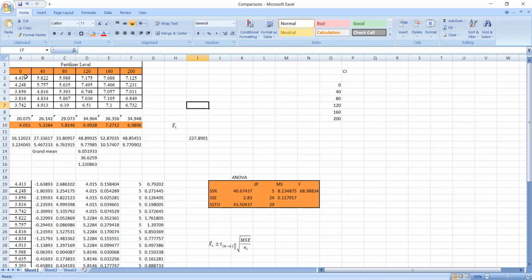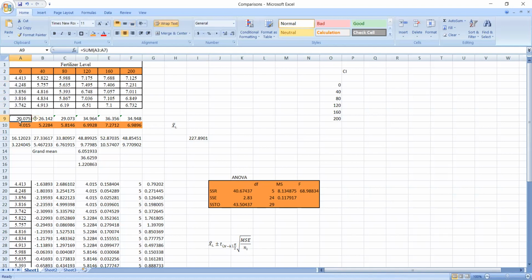First, you have to take the total of the observations under each treatment. So here, if you take the total of this set of observations, it adds up to 20.075. Under each treatment, you have 5 observations.